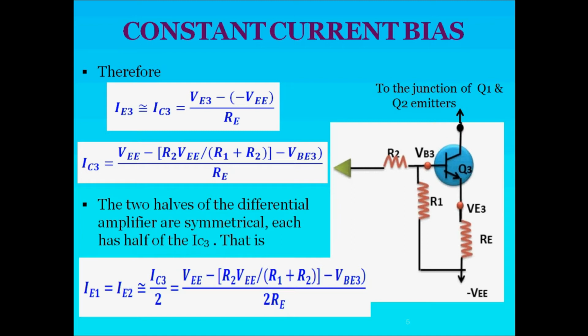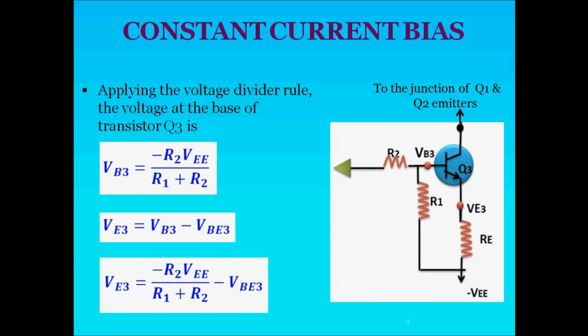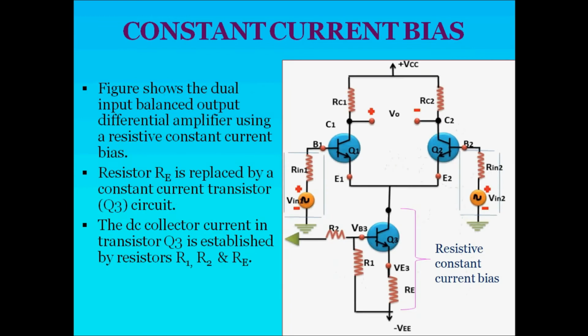We'll see the diagram, then you will get a better idea. And this current is the current from the emitter of transistor Q1 plus the current from the emitter of transistor Q2. See here, this IC3 current is IE1 plus IE2.